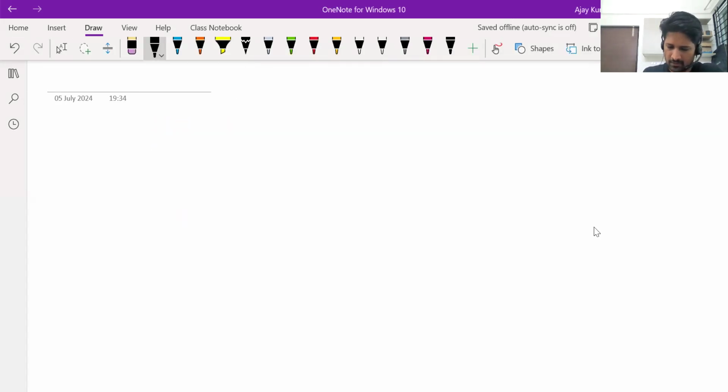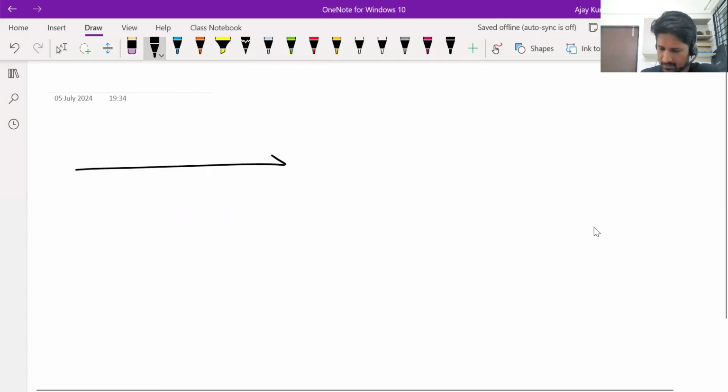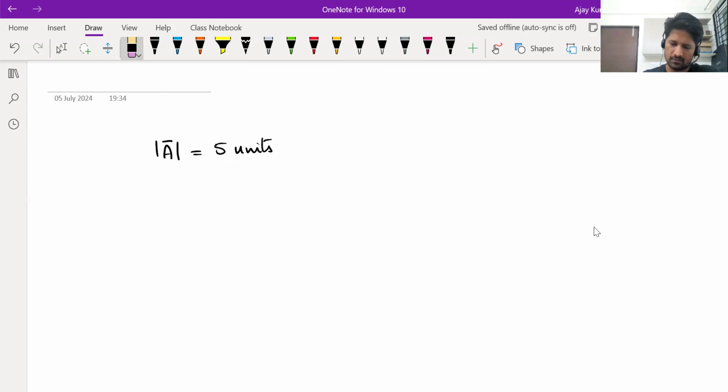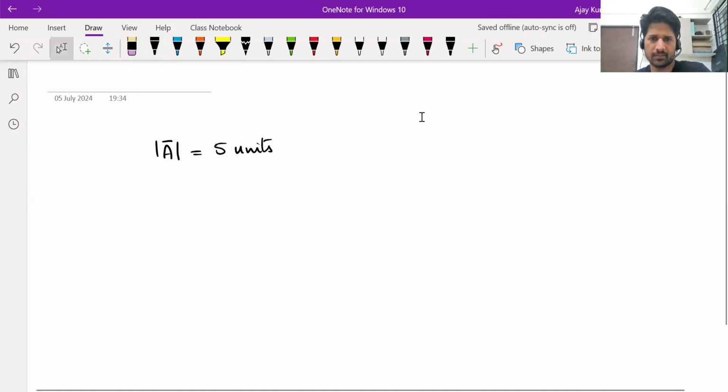Now, one of you quickly tell me, suppose there's a vector A whose magnitude is, let's say, 5 units. Or fine, forget the arrow. Let's say there is a vector whose magnitude is 5 units.